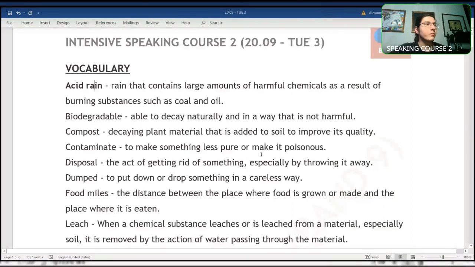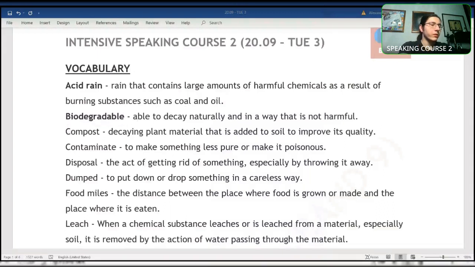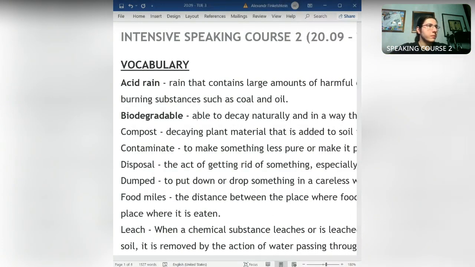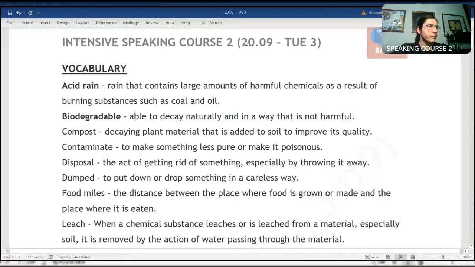Yeah. So let's continue. Biodegradable. Biodegradable is when something can degrade naturally. Sorry, decay naturally. I mean, degrade is also one of the ways that it works. Something is able to decay naturally, which means that it can basically dissolve by itself.